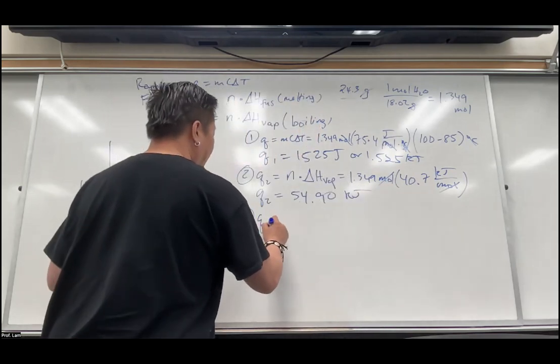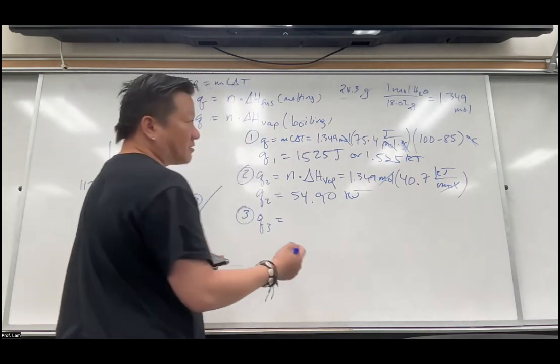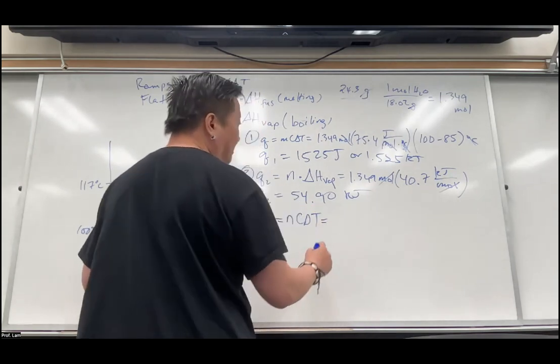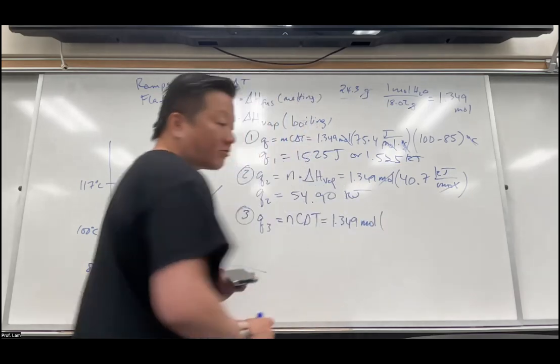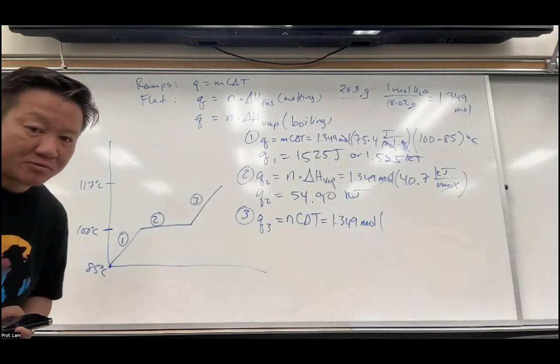Segment three, Q3 is a ramp. So again, it's back to MC delta T, but it's moles, right? So actually nC delta T for this particular problem. The moles is 1.349. Now grab the specific heat of gaseous water, H2O gas.